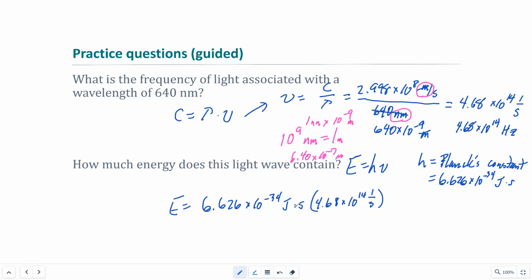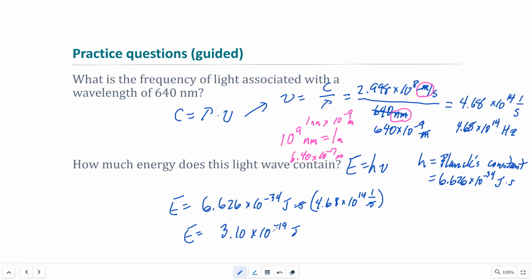Seconds times reciprocal seconds are going to cancel out. I'm going to be left with just joules. And I'm going to get to 3 significant figures again, 3.10 times 10 to the negative 19th joules.